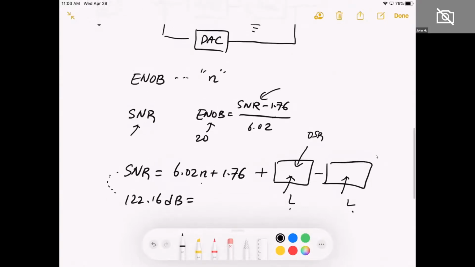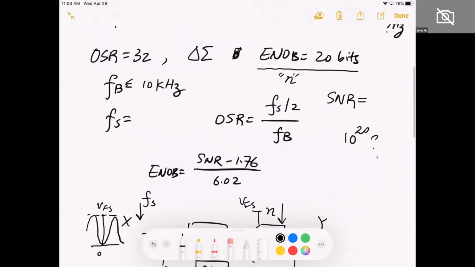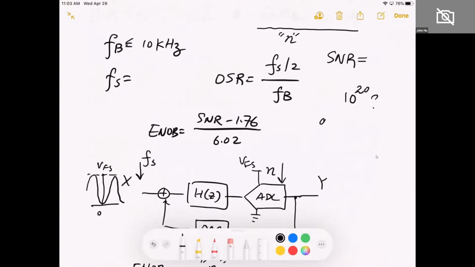And then, for the implementation, I need to tell you one more thing: if you are going to design a sigma delta ADC, I need to tell you the quantizer that you can use. For instance, I tell you that due to the supply, we can't build a quantizer with more than 3 bits, or I can say 5 bits, because in a sigma delta situation we have to run this thing at a very fast speed.